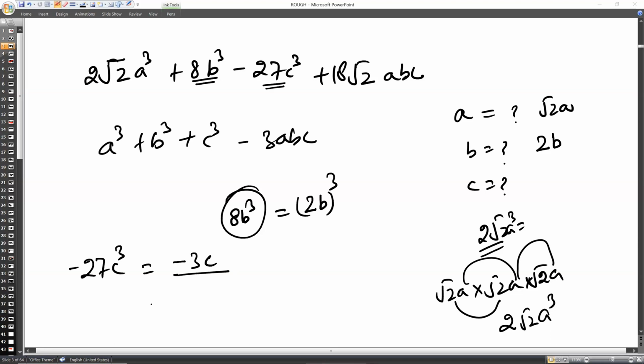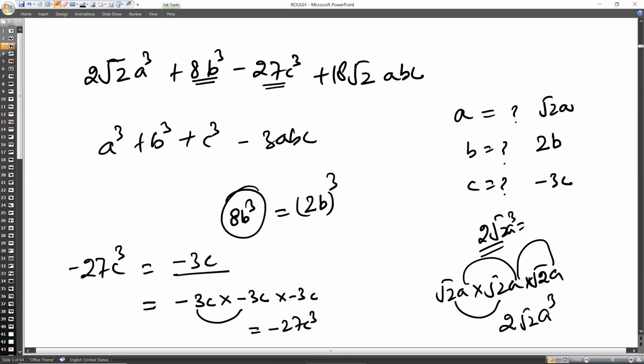When you multiply minus 3c three times, you will get minus 27c cube. Minus, minus, minus, three times multiplied, you will get a minus sign. So we'll write minus 3c into minus 3c into minus 3c, three times, and then you will get 3 into 3, minus 27c cube. So this is minus 3c.